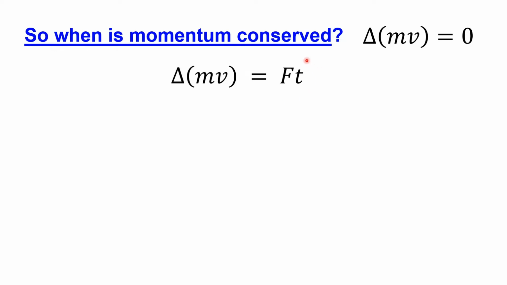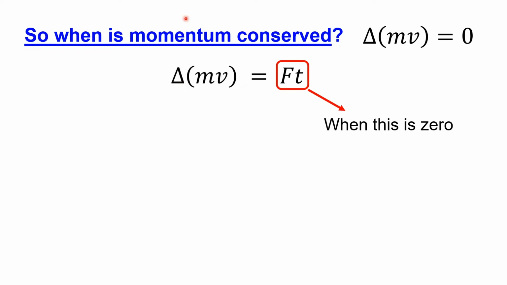This is what we defined as impulse. So the impulse is defined as force times time, but it's equal to the change in momentum. So from this, we can see that in order to have zero change in momentum, we need this quantity to be zero. That's when we can conserve momentum.